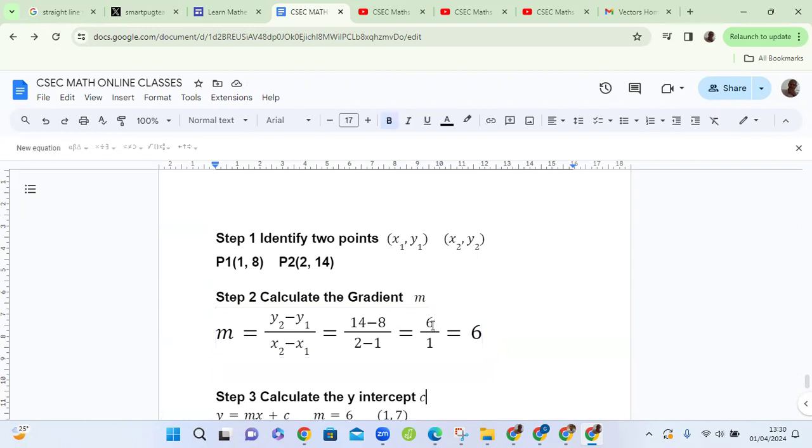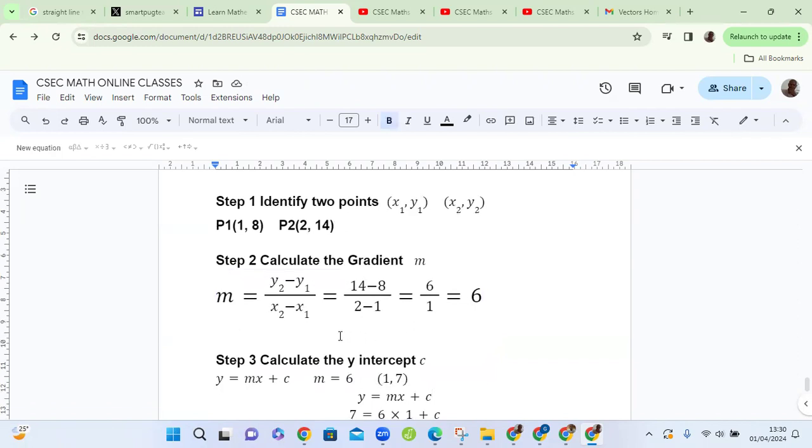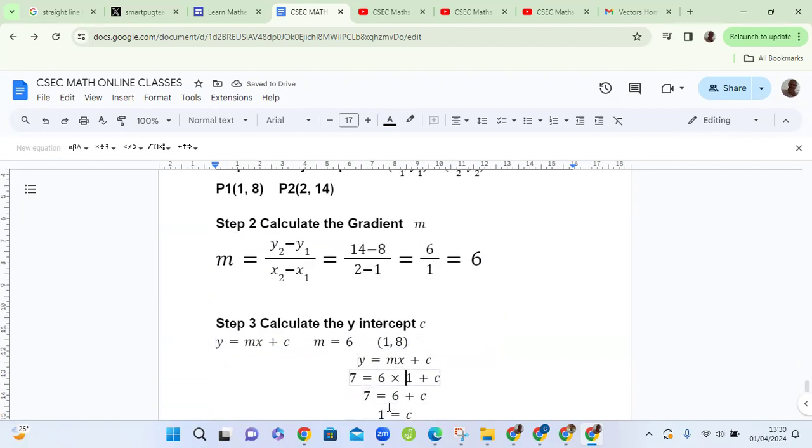So it has the same gradient of 6, but the y-intercept should be different because we are using 1 and 8. And here our y-intercept: our y is 8, our x is 1, our m is 6.